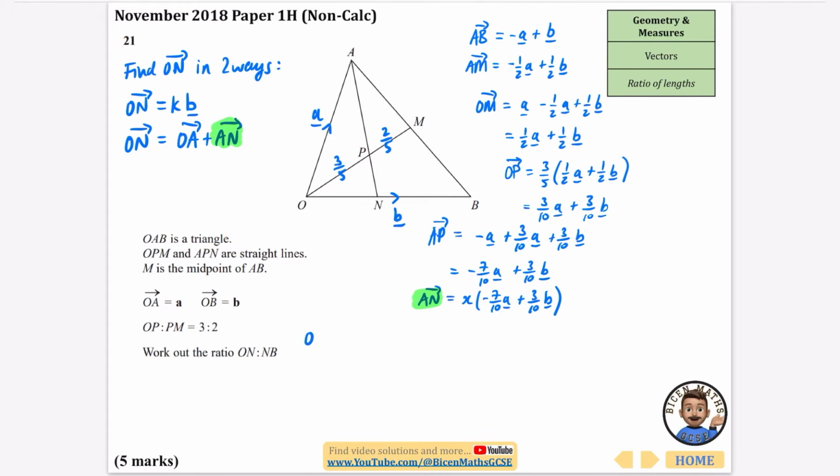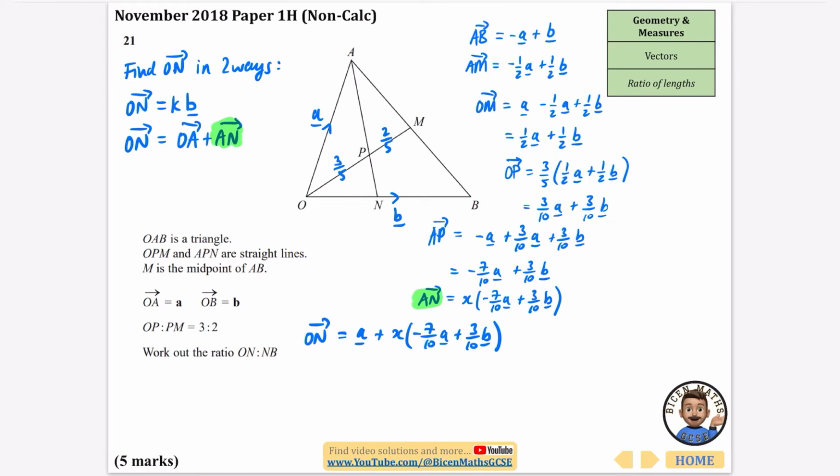So somewhere over here, I'm going to say that ON is equal to OA, which is A, plus the AN that we've just worked out, which is x brackets minus 7/10 A plus 3/10 B. And I also know that ON is equal to KB.